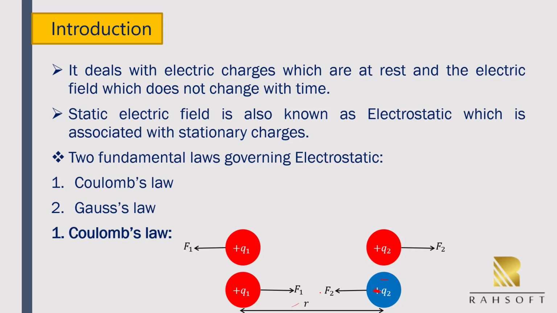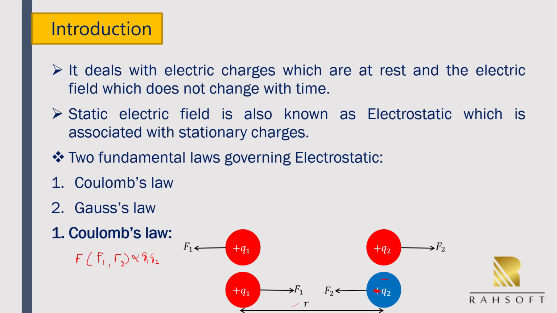The force of attraction or repulsion between two electric charges is directly proportional to the product of the charges. So F, you can take it as F1 and F2, is directly proportional to the product of these charges Q1 and Q2.